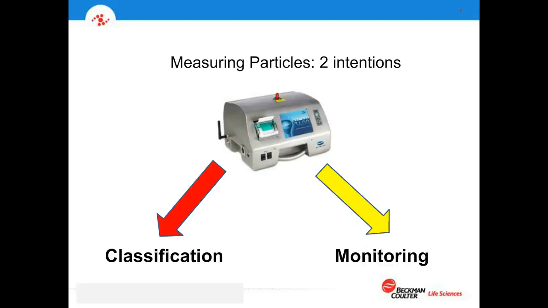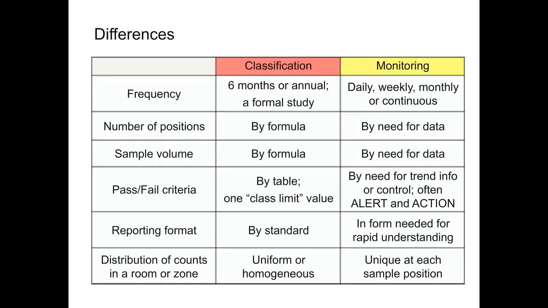So these are 2 different approaches, and people often confuse and apply the classification document to monitoring, or occasionally vice versa. But it's important to realize you do have 2 different needs addressed by this type of instrument.